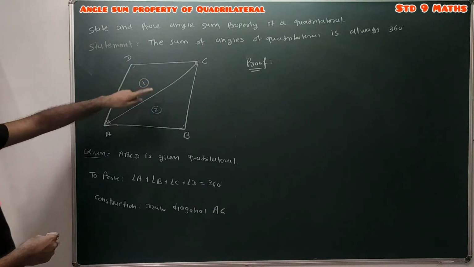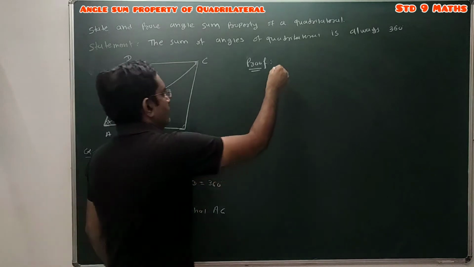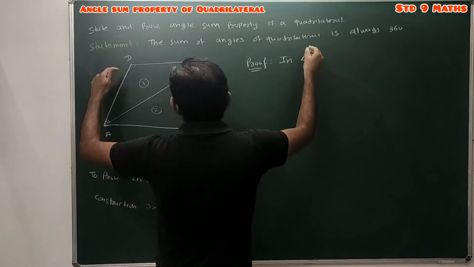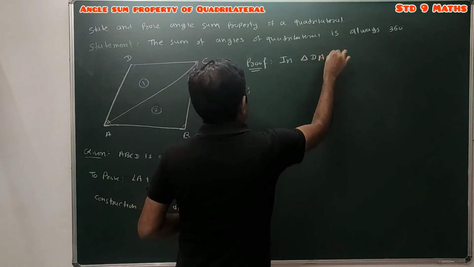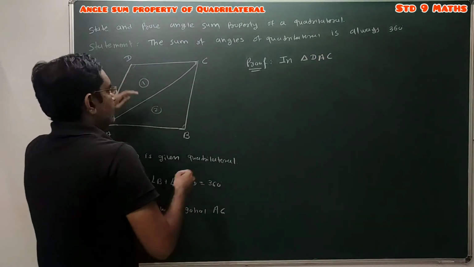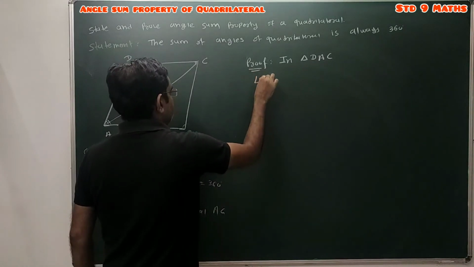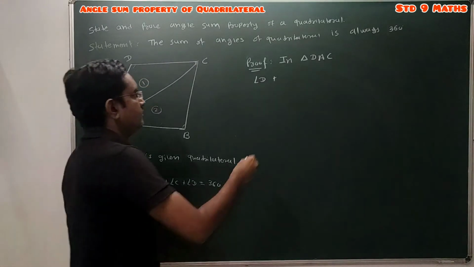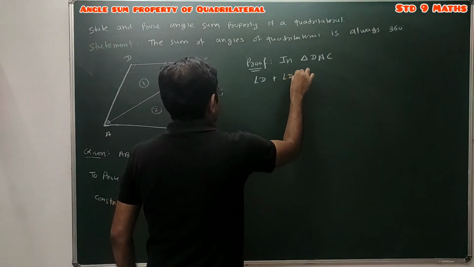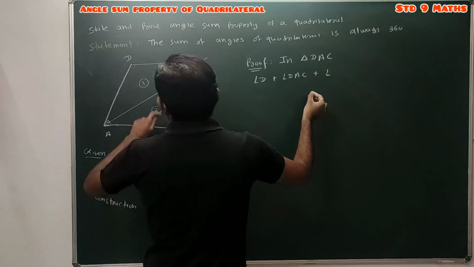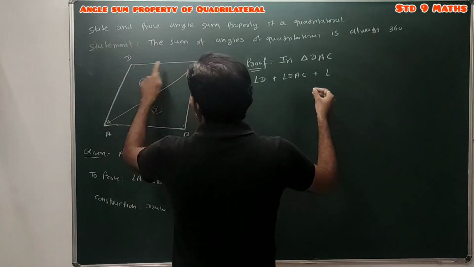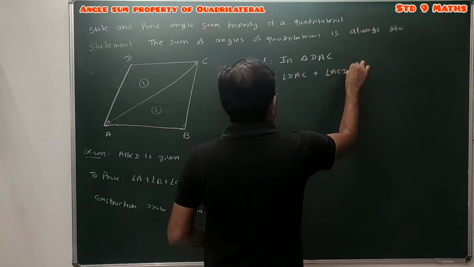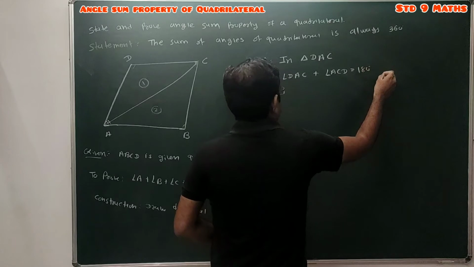In triangle DAC, first triangle, according to angle sum property we can say that measure of angle D plus angle DAC plus angle ACD equal to 180 degree.